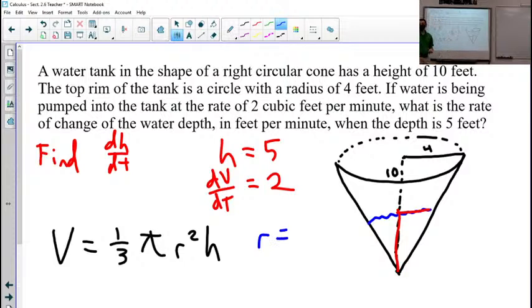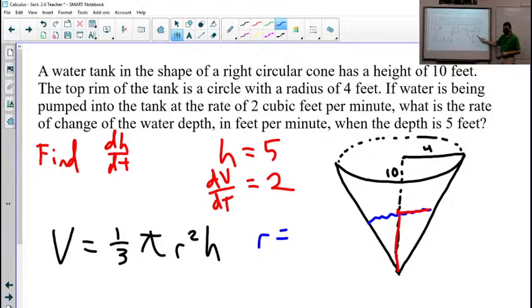So what is r in terms of h? What is the size of the radius in terms of the height? Well, when the height was 10, the radius was 4. The depth right now is 5. What's the radius going to be?